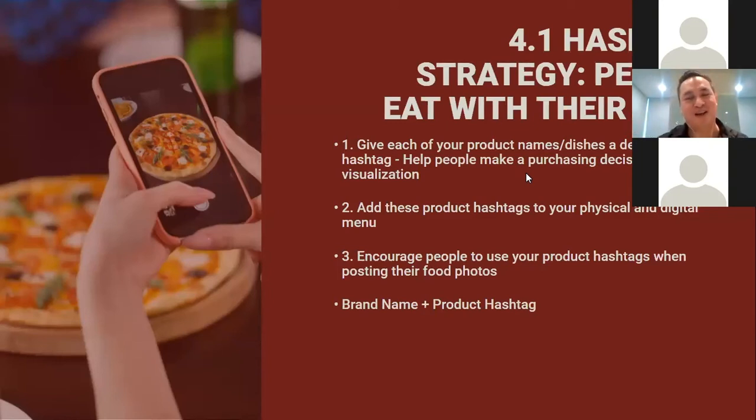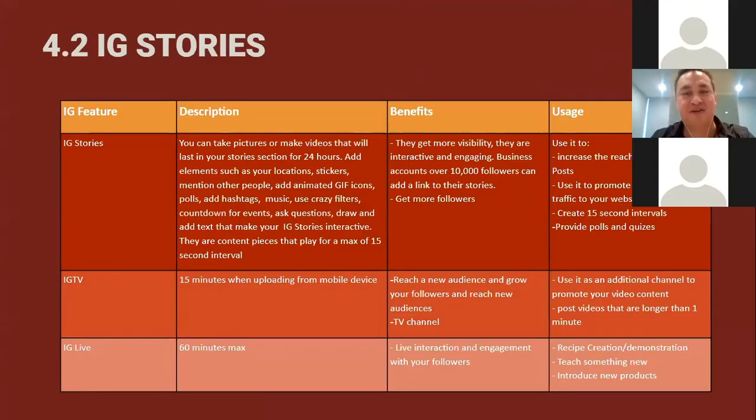Now, obviously, if you have a chocolate cake on your menu, don't name it chocolate cake, because most likely there are just too many posts or too many users using the same hashtag. But you can use your brand name as well as the product hashtag, right, to just narrow it down, so that people can look at Instagram and see, hey, what do your dishes look like? Or what do your menu items look like? And then that visual connection will help to make a purchasing decision. So that's something you can do.